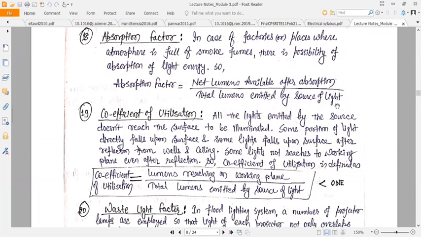Suppose a source of light is emitting 100 lumens, and when it reaches the particular object, only 80 lumens reach it. So the absorption factor is 80 divided by 100, that is 0.8. Clear? What is the meaning of this absorption factor?